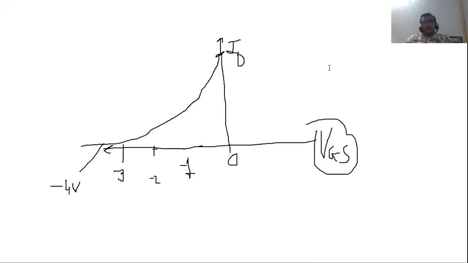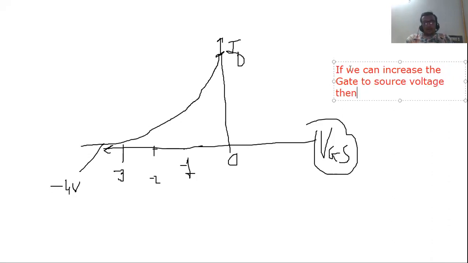If we increase the gate to source voltage, then the drain current is decreased and reduced to 0.